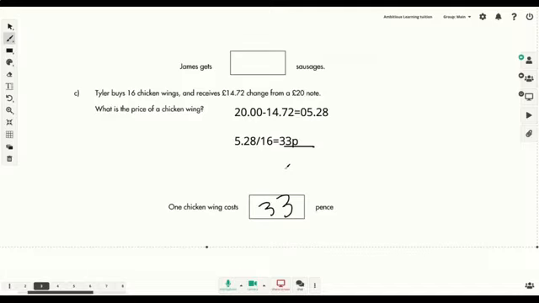And if you don't know your long division, it's really easy to do. You just need to divide 528 by 16. Your answer would be 33 pence.